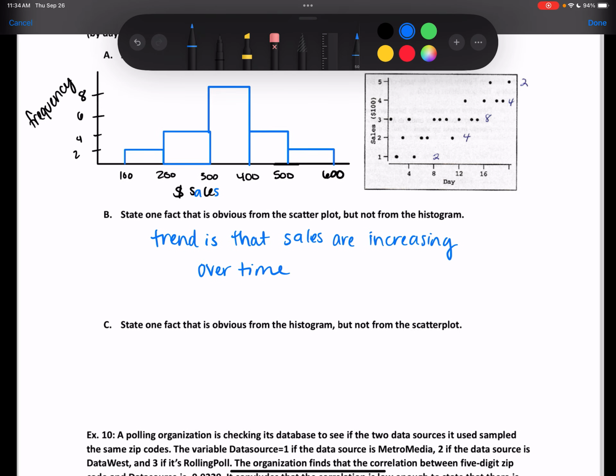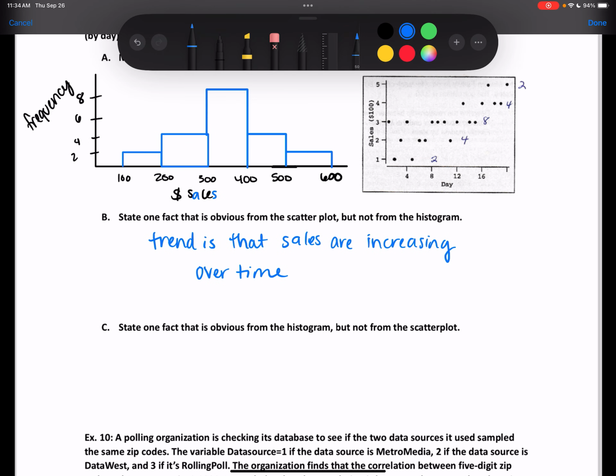State one fact that's obvious from the histogram, but not the scatter plot. So you already said it's symmetrical, and it's unimodal.